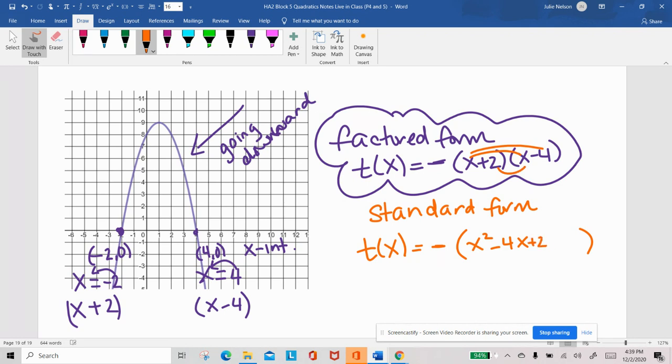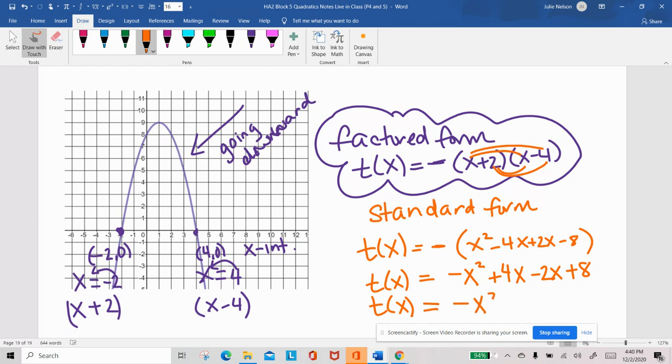Inner: 2 times x is 2x. And last, 2 times -4 is -8. Now that negative means to distribute. So if I distribute, I get -x squared plus 4x minus 2x plus 8. When I combine like terms, that 4x and that -2x together, it'll be -x squared plus 2x plus 8.